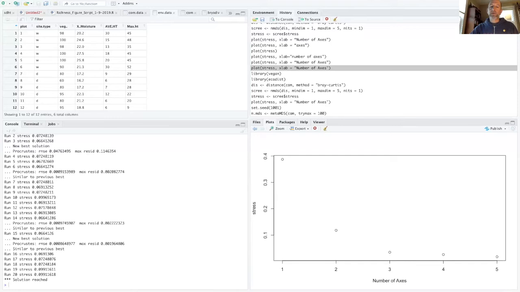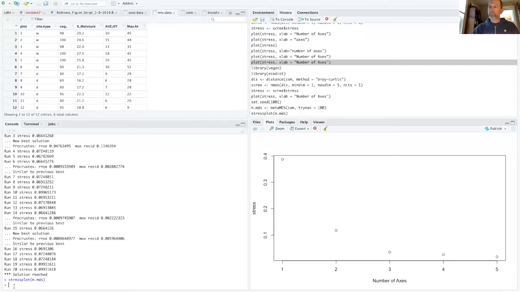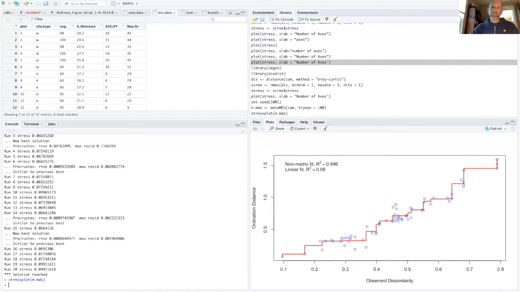The next thing we can do is look at a stress plot of our final ordination. Let's take a look at that. Okay, I really like these plots. This is really nice. It's showing me the observed dissimilarity, that is the actual dissimilarity mathematically between my individual plots, and the ordination distance.